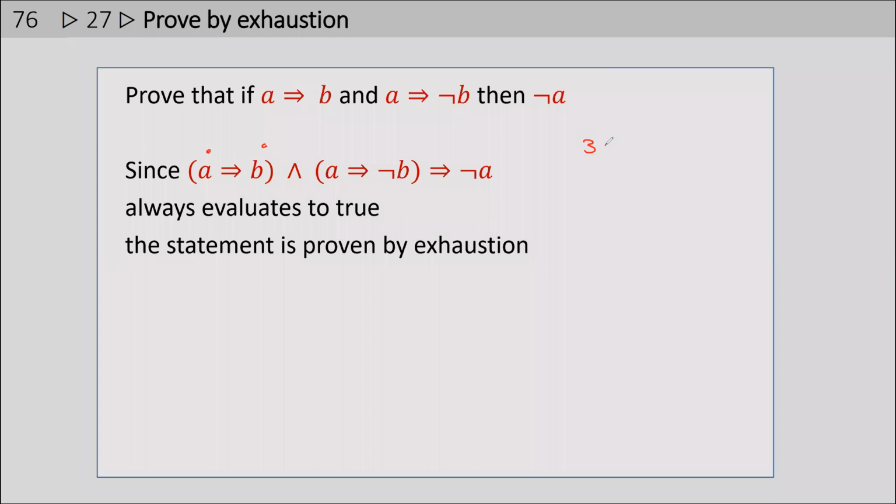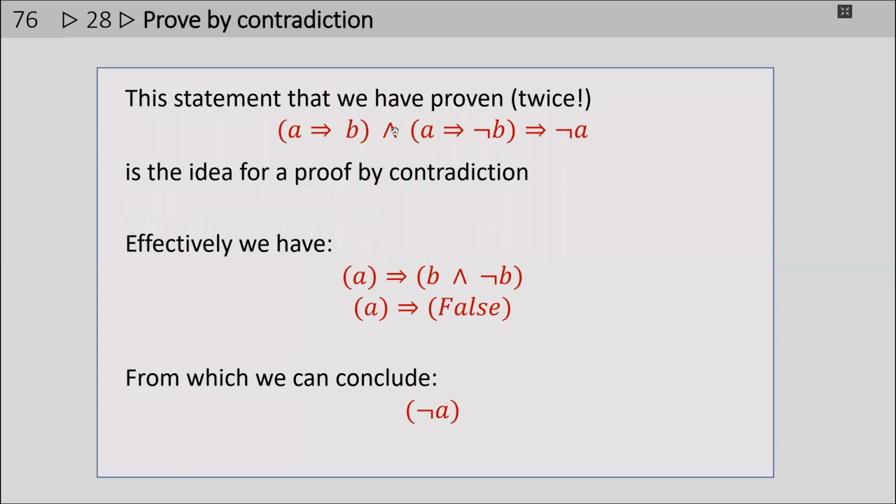If we have 3 variables, you're going to have 8 rows. If you have 4 variables, you're going to have 16 rows. If you have 10 variables, you're going to have to do 1024 rows, which is more time consuming. So proof by exhaustion is easy, but it takes lots and lots of time if the number of variables is high.